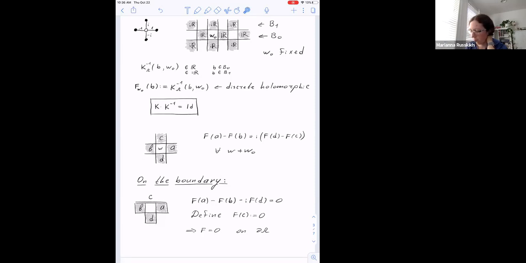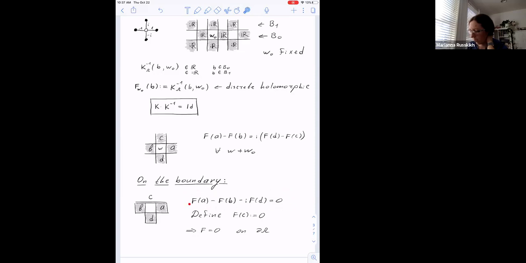Note that on the boundary, so this is a part of the boundary, we have a relation which is actually taking into account only 3 neighbors of this point, right? Because we don't have this vertex in the graph. And then K times K inverse being the identity matrix implies that we have this relation.